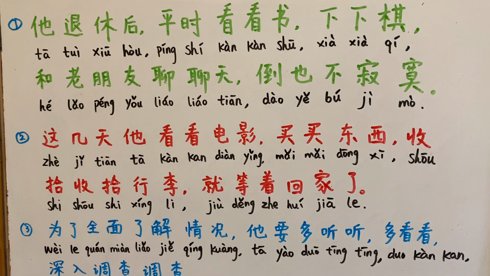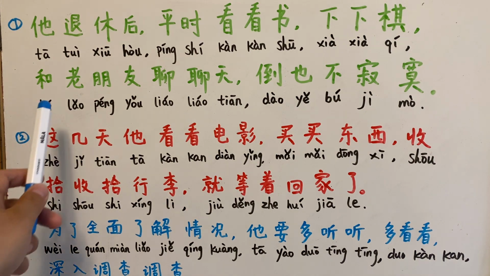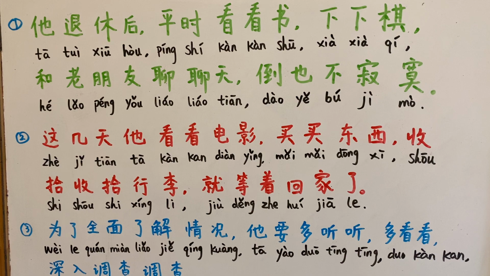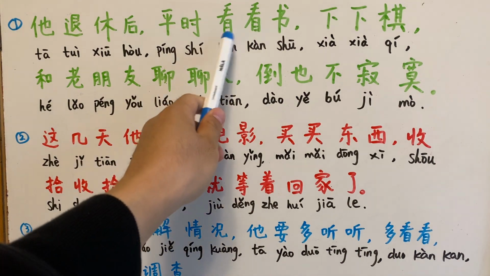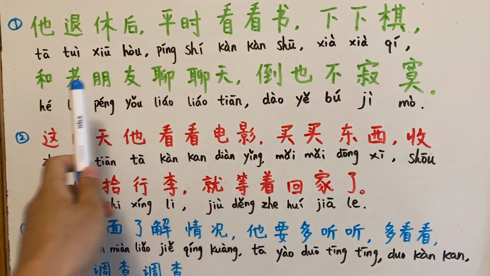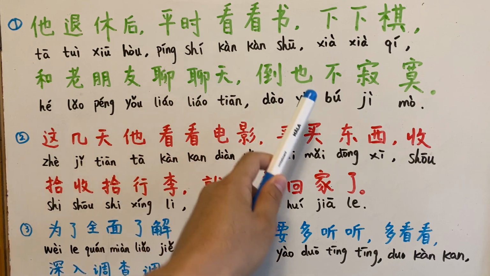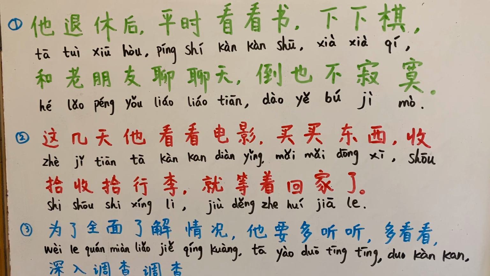That's the translation of the sentence. So in this sentence, 看看书，下下棋，聊聊天, these three verb reduplication phrases, you can see as actions that happen without time limits. It may happen today or tomorrow.